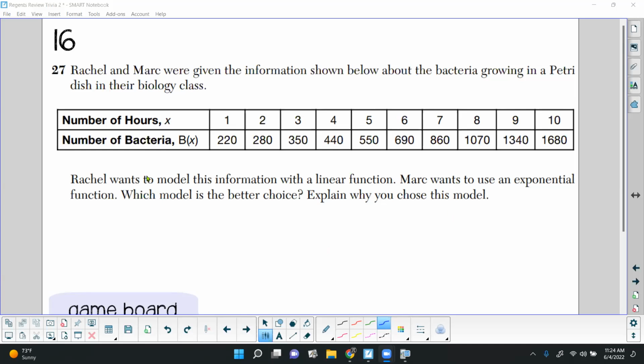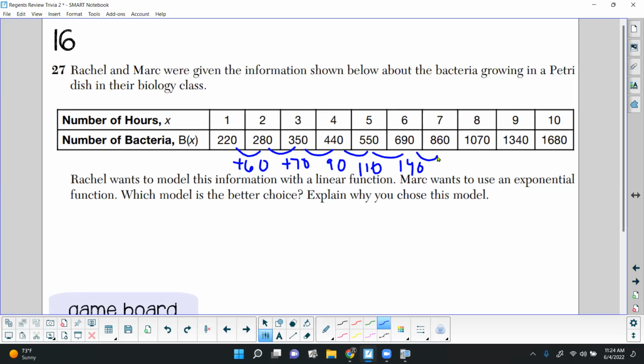So what are you thinking? Rachel wants to model it with a linear function. Mark wants to use an exponential function. I could type this all in. I'm looking here like, okay, this is going up about 60, and then this goes up about 70, and then about 90, and then 110, then 140, then about 100 and more.